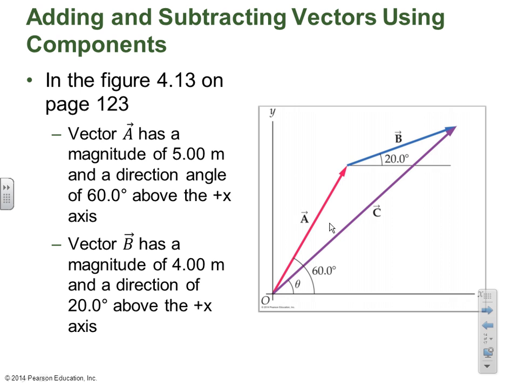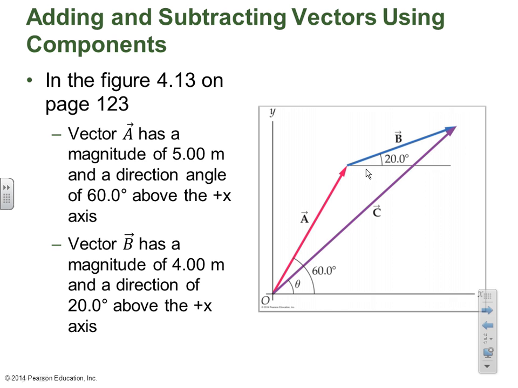Now, to add these vectors together, I've got to line them up head to tail. So now B isn't on the x-axis anymore. But remember, if it's 20 degrees above the x-axis, it's also 20 degrees above any line parallel to the x-axis. So we've lined up B and A properly, and we can then assume this angle is 20 degrees.